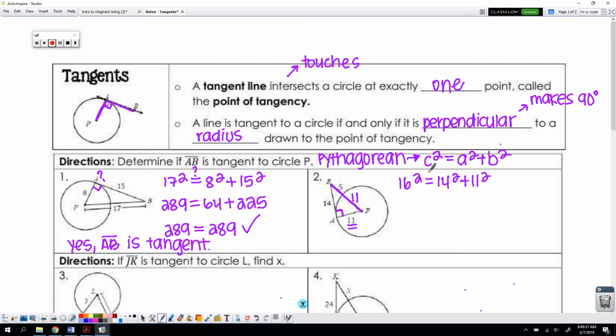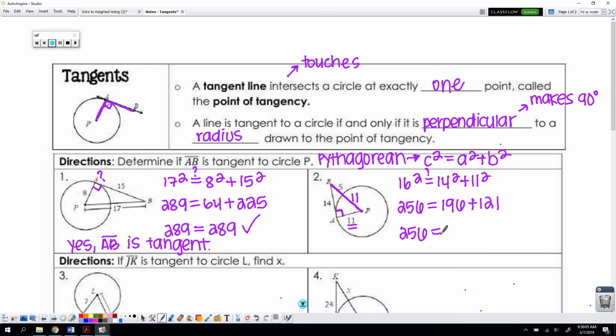So is this true? Question mark. 16 squared is 256. 14 squared is 196. And 11 squared is 121. So let's add these up. We end up with 256 equals, so let's add those up.